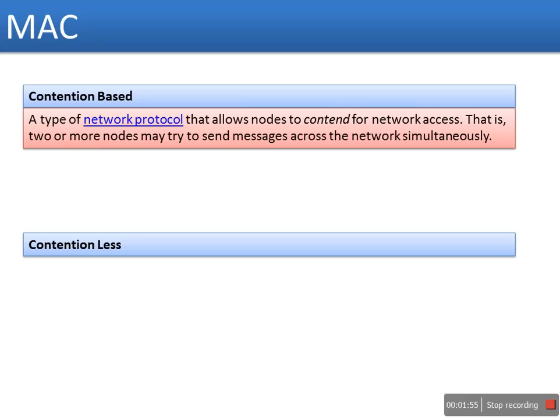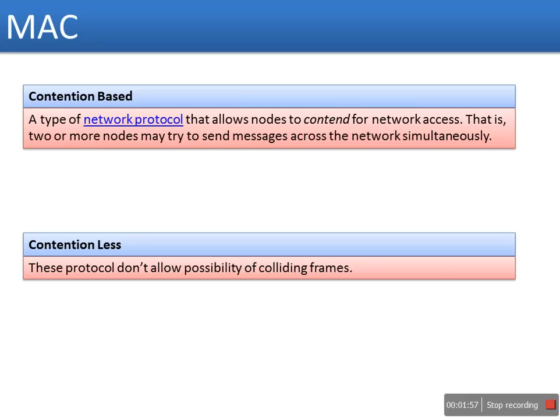Another category is contention less. This category states that there won't be any collision. Let's take the example we used for contention based. Now consider the same group discussion activity, but there is a coordinator, and the role of that coordinator is to specify which person will talk at what time.